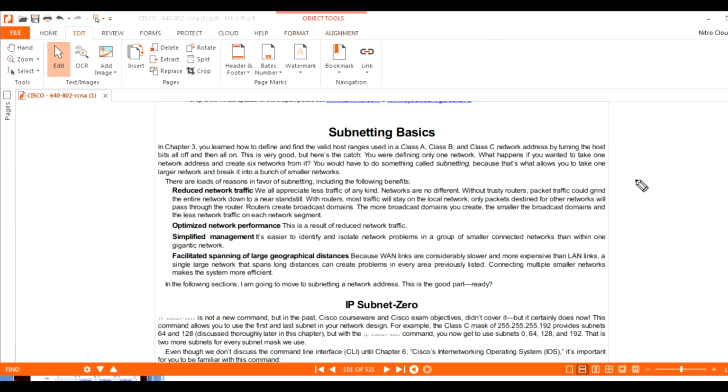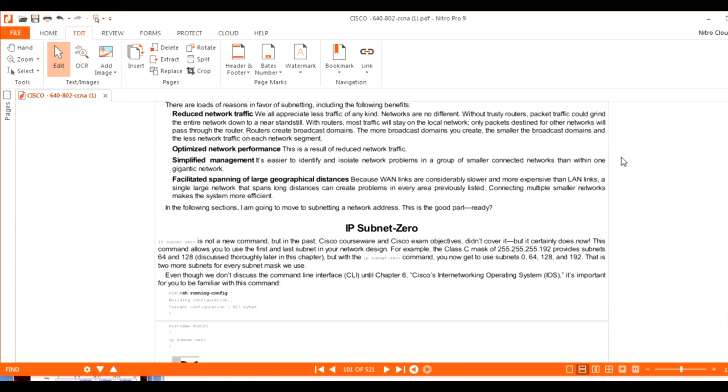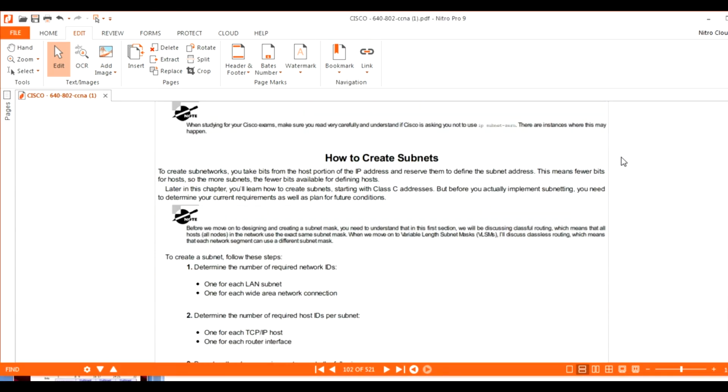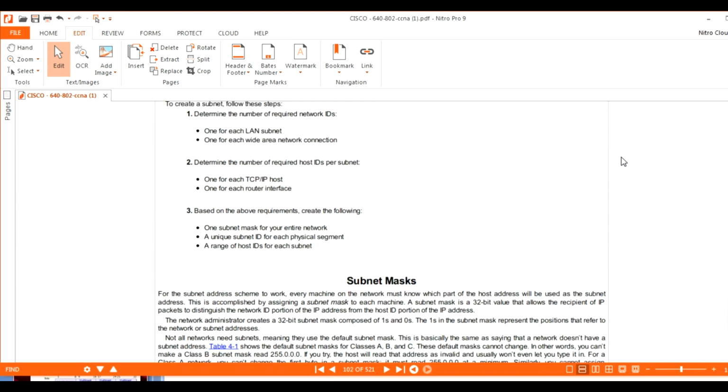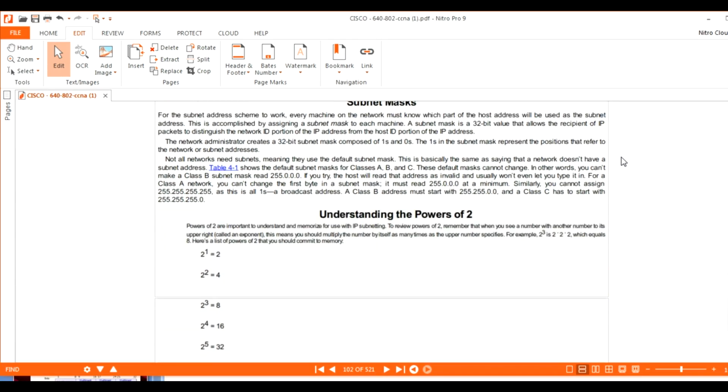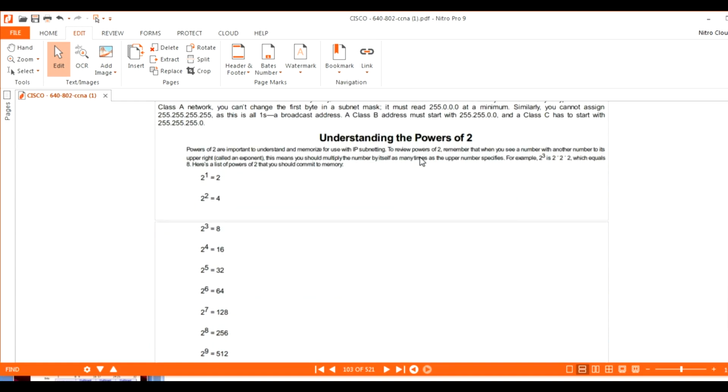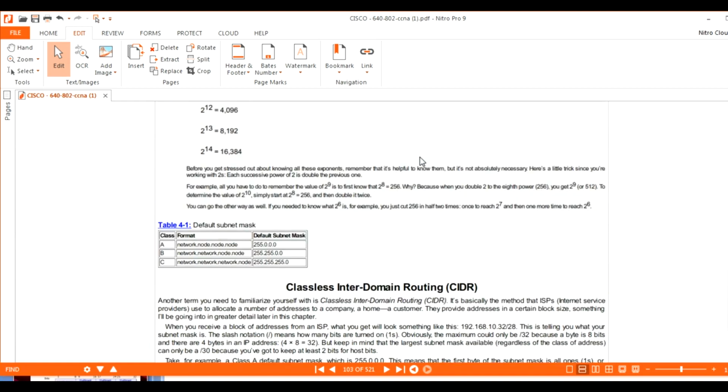Subnetting means dividing a major network into smaller networks, and it also helps with easier administration. So that is the use. Now, before moving to subnetting, we need to understand the subnet mask, and before that, the default mask.